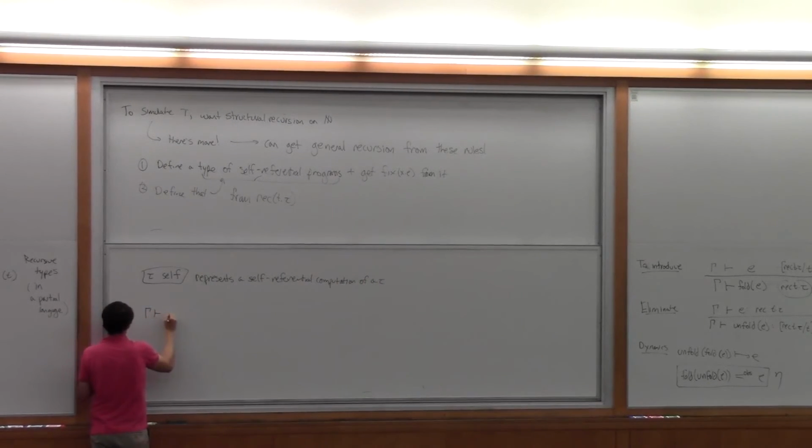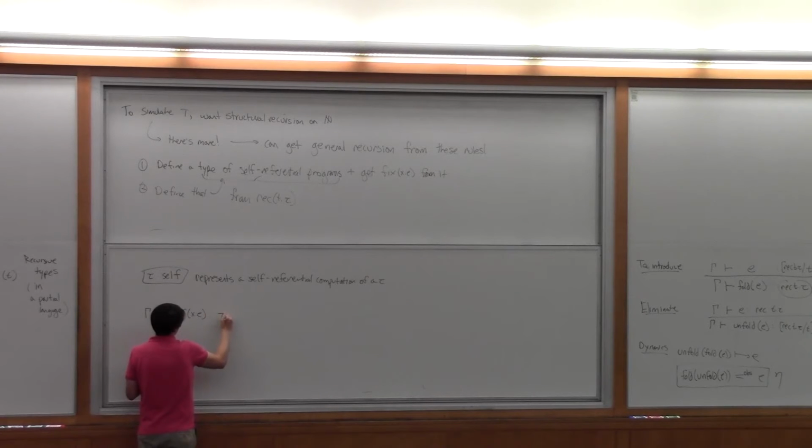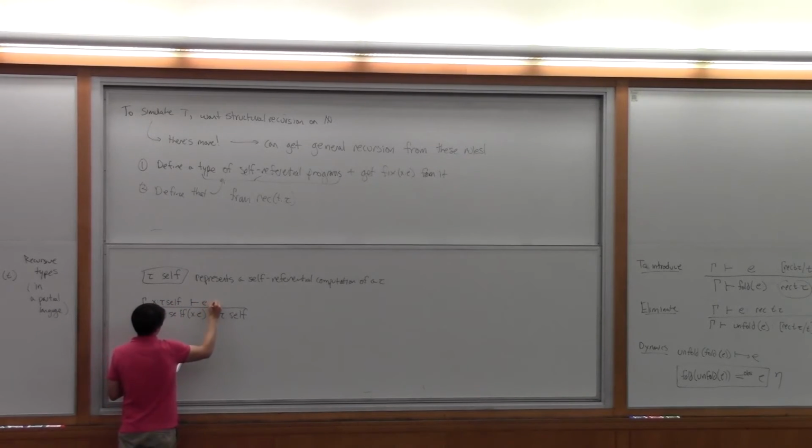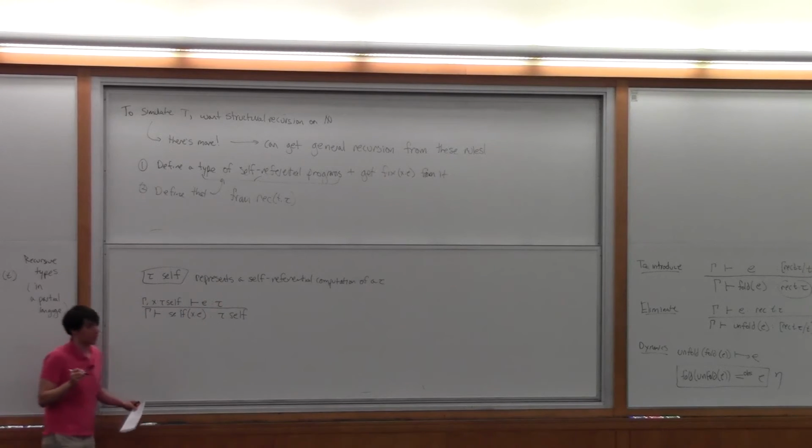The introduction form is that self x dot e has type self-referential computation of a tau if, assuming x has type self-referential computation of a tau, e has type tau.